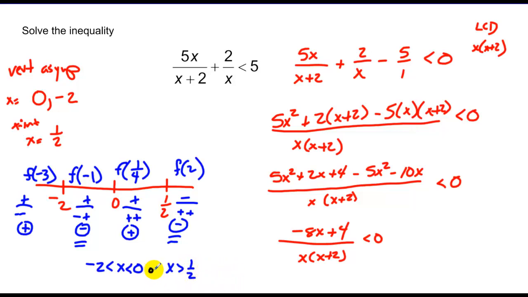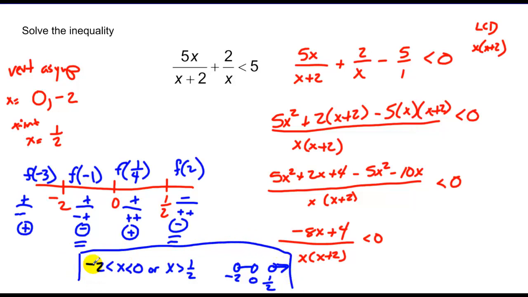And I put an or in between since they aren't linked together. If I wanted to graph that, I'd have a -2, open circle, another open circle at 0, and then at 1/2 I'd have an open circle with an arrow going to the right. And there's my solution.